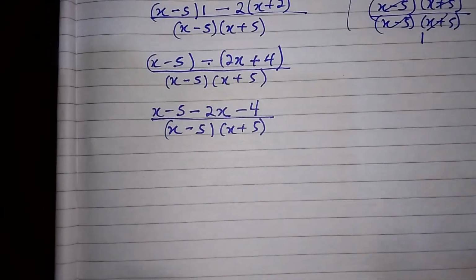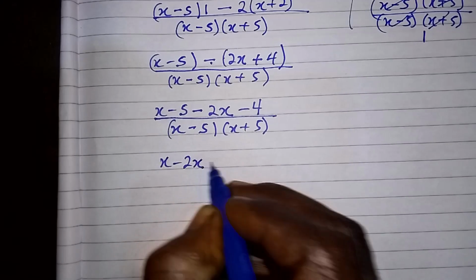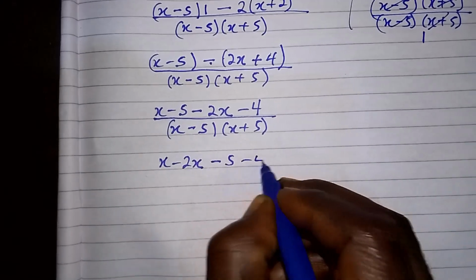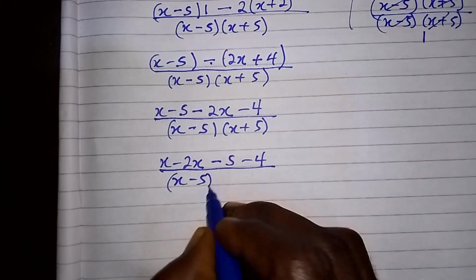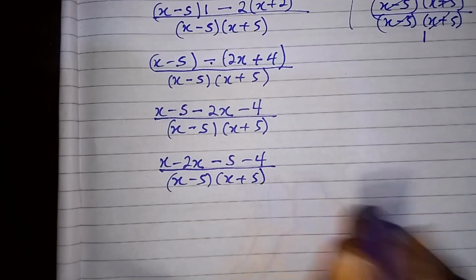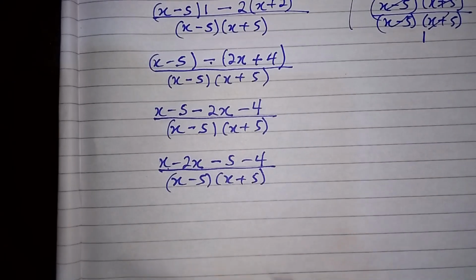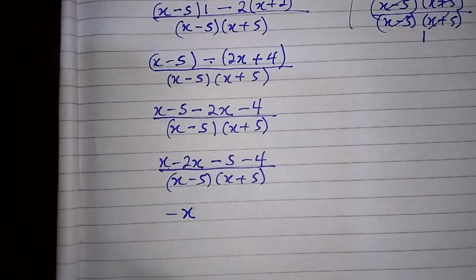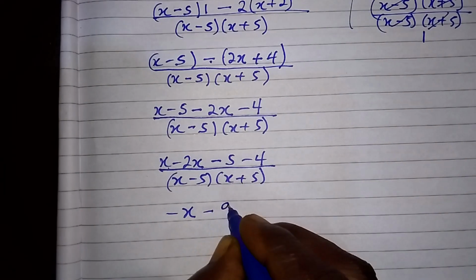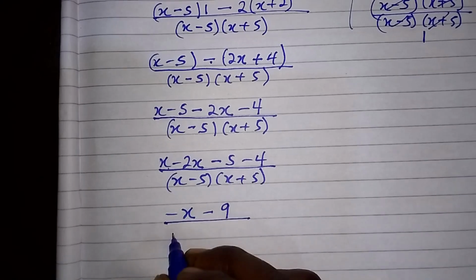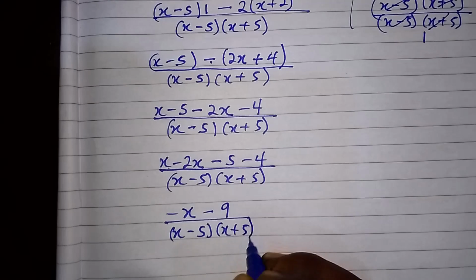To simplify, so x and 2x are like terms, x minus 2x minus 5 minus 4, all over x minus 5, x plus 5. So this x minus 2x here, that is giving us minus x. Then minus 5 minus 4, now gives us minus 9. All over x minus 5, x plus 5.